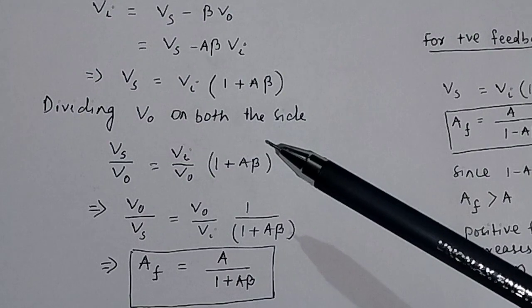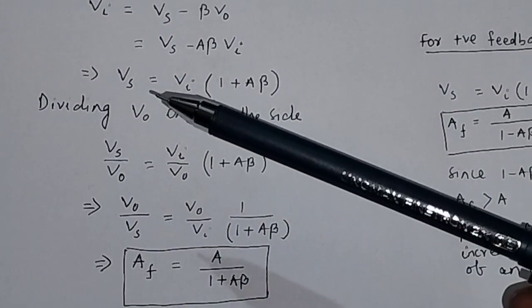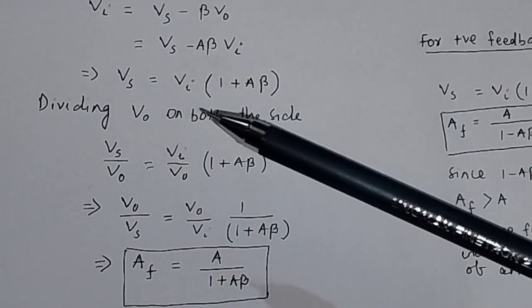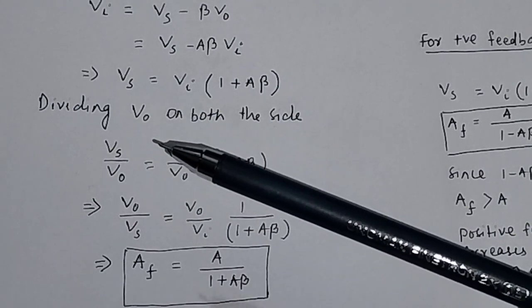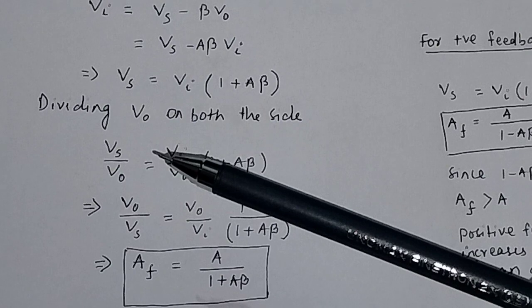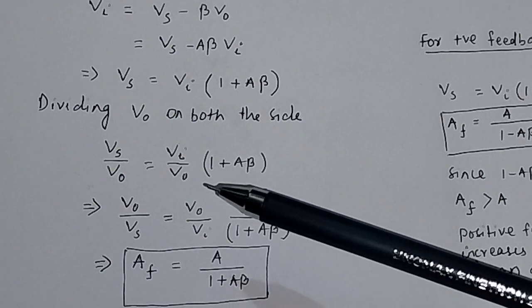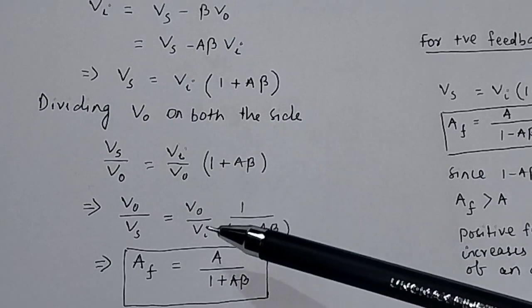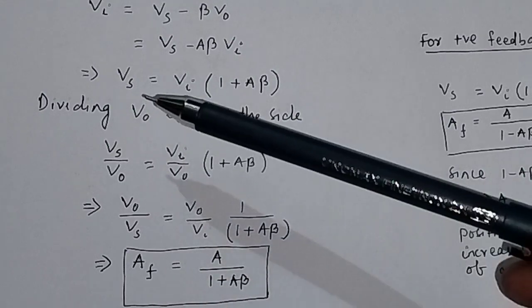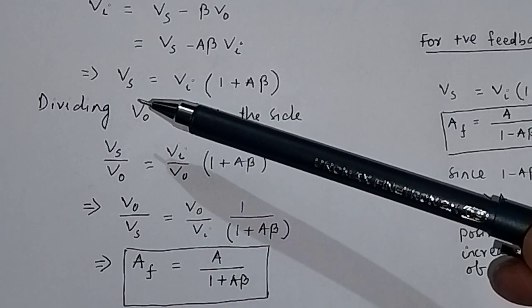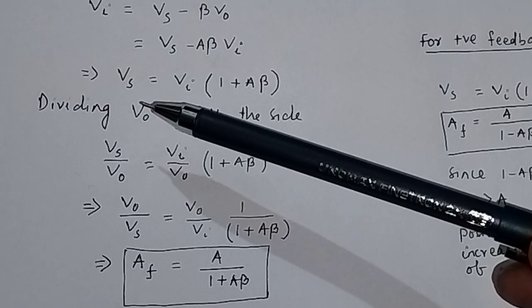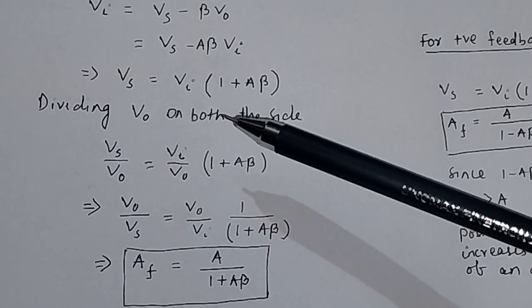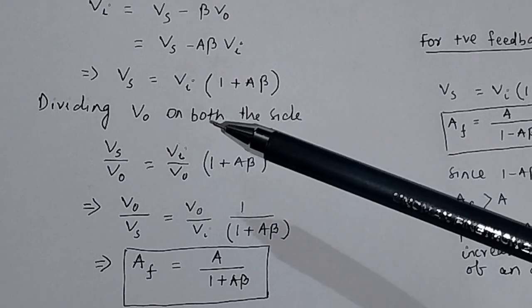Then you do simple mathematics. You divide the left-hand side and right-hand side by V output, because you have to find the gain after feedback and the gain before feedback. You have to derive that equation. So you divide by V output in the denominator on the left-hand side and also on the right-hand side.